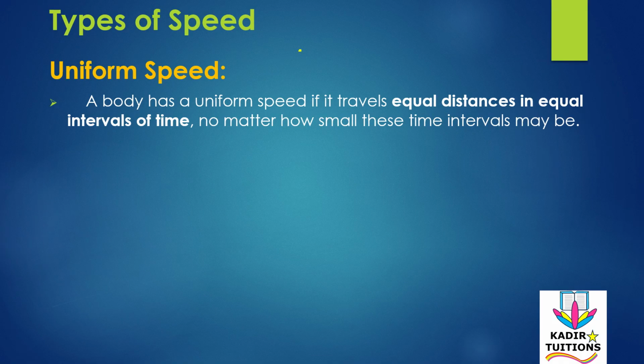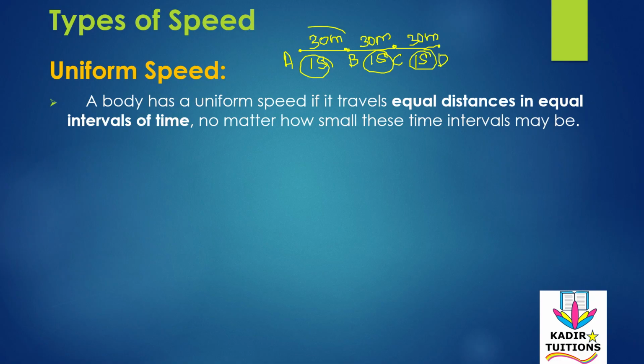For example, an object is starting at A. From A to B, it is moving in a time duration of 1 second, and it has moved 30 meter. Again from B to C, it is moving for 1 second, again the same distance, 30 meter. And from C to D, it is moving for 1 second and the distance is 30 meter. So for every equal interval of time, that is 1 second, it has moved 30 meter.